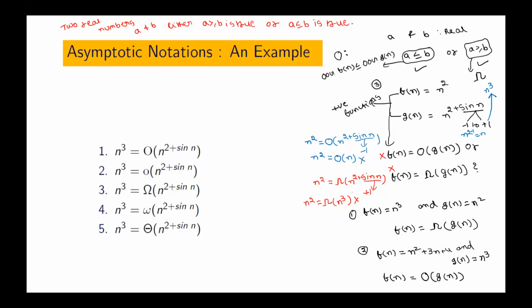But what we have observed is, if f of n and g of n are two positive functions, then we cannot guarantee that f of n is big O of g of n, if it is not true, then f of n is big omega of g of n. If f of n and g of n are positive functions, there is no guarantee that it holds. Is there any doubt?